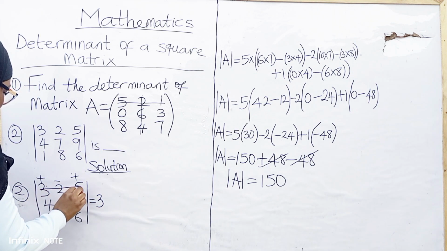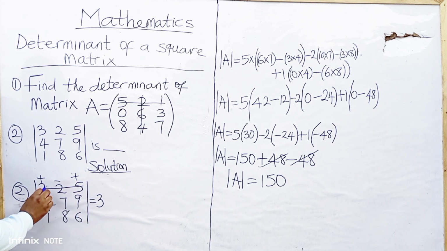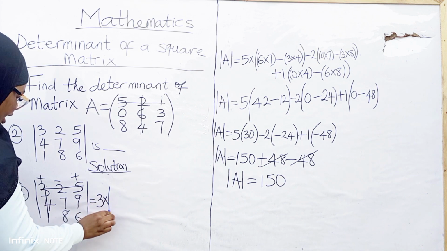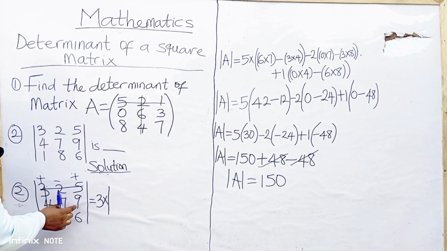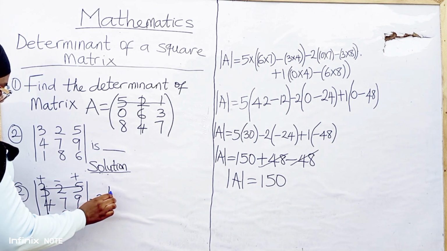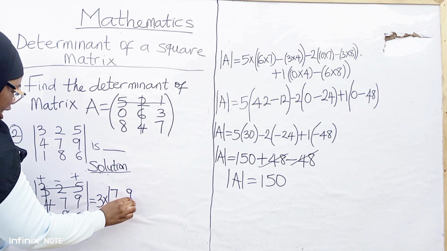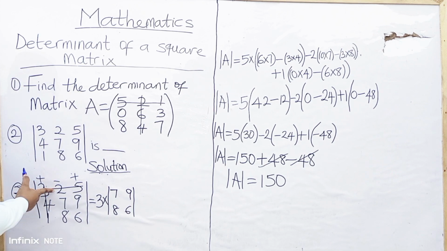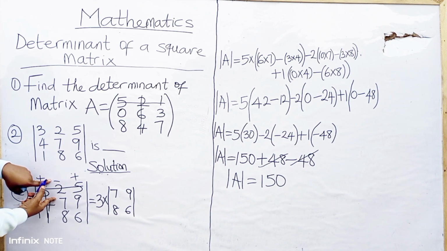So you are covering it horizontally, you are covering it vertically. So multiply it by the determinant of the remaining elements. They are 7, 9, 8, 6. So we are finding their determinant. So here we have minus 2.